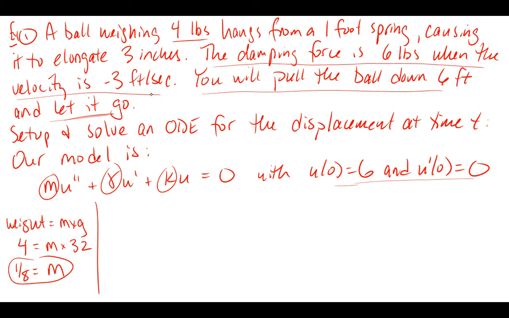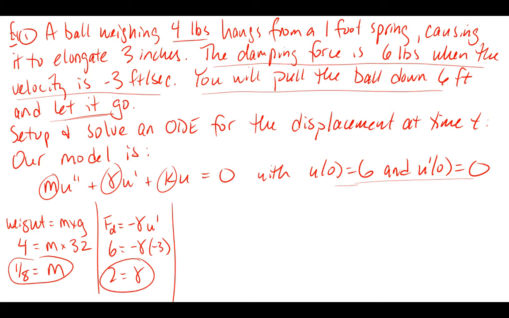Remember, when we did our derivation, I had that the damping force was negative gamma u prime. That was our notation. The force due to damping is 6 when the velocity is -3. Velocity, that's u prime, isn't it? Okay, so in a very quick moment here, I know that gamma is 2. Great.